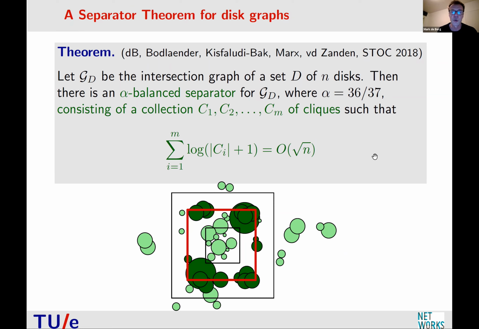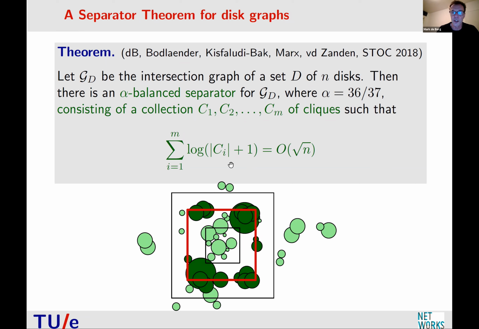I view this separator as consisting of cliques. And now I want to put not few nodes in my separator, but few cliques. Actually, the result that we need is slightly different, because for a clique, I don't pay a cost of 1, but I pay the logarithm of the size of the clique.